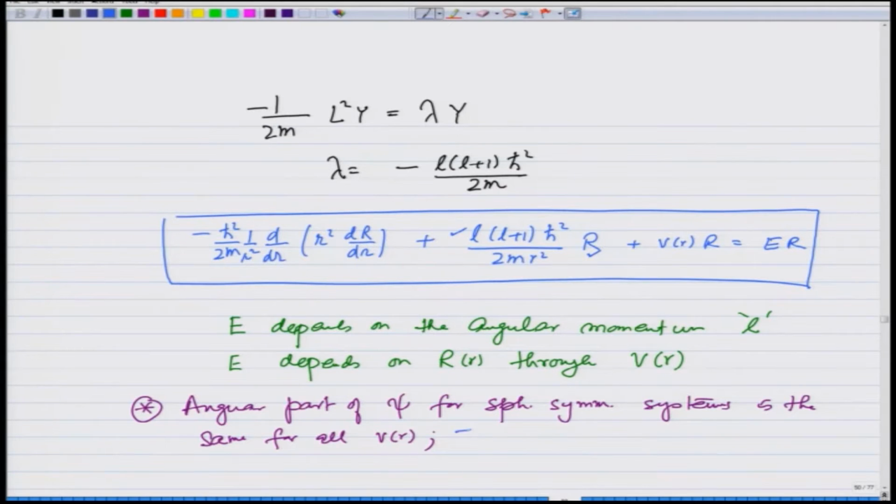And what is it? These are eigenfunctions of the L² operator. It is only the R(r) component that differs, and that depends on V(r).